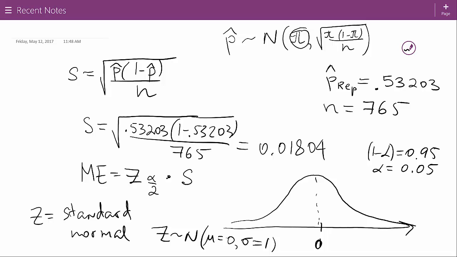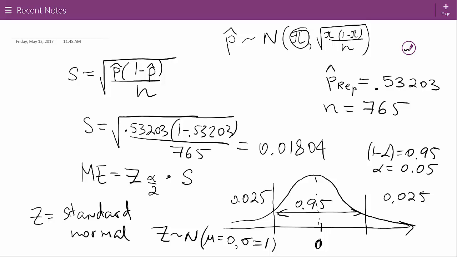Therefore, what do I do to find my Z values? I have to find symmetric values on the right and on the left such that in between these values I have 0.95 area. Outside these limits I have the rest, 0.05, but it's left and right tail, so on the right I have 0.025, and on the left 0.025 as well.